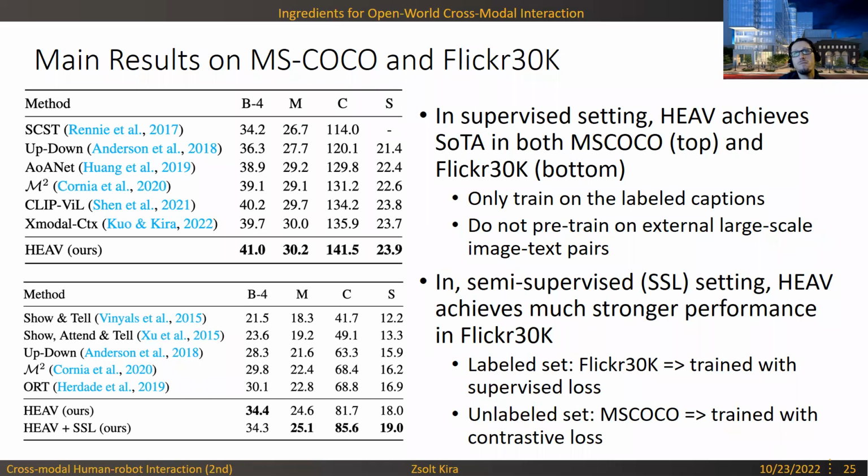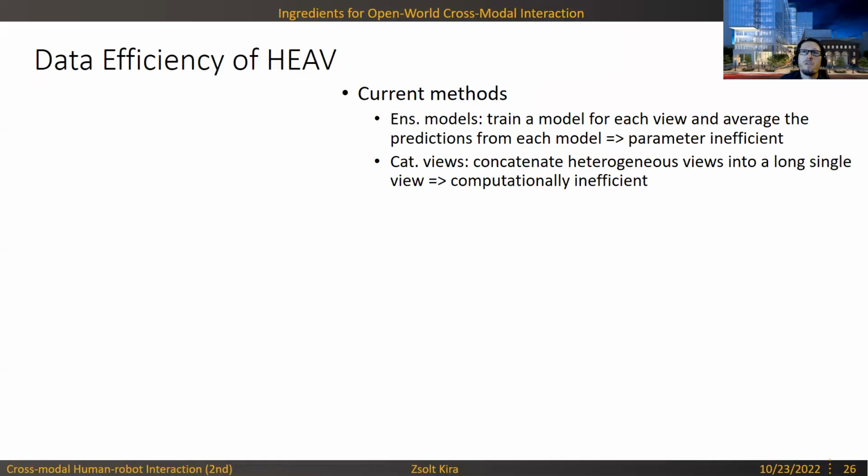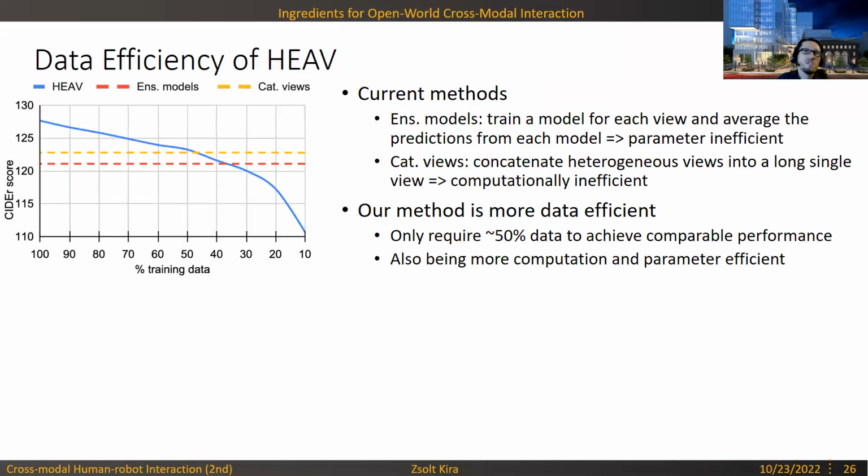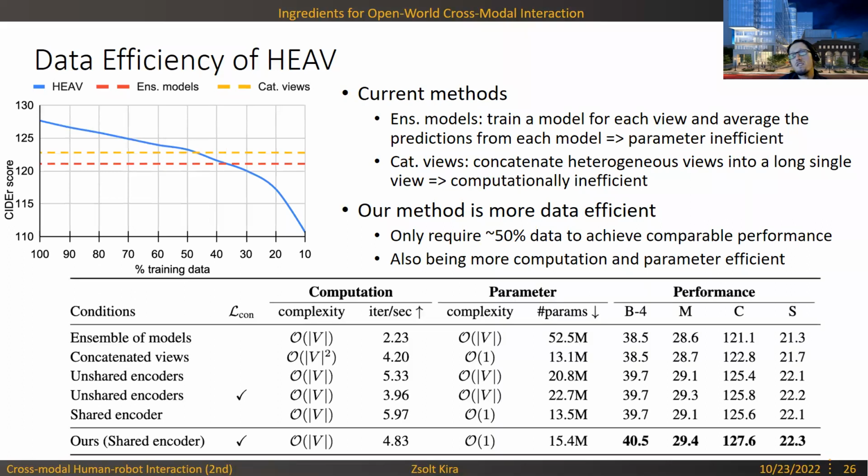We don't need labels to do contrastive learning. Okay. So again, we can show that we get significant data efficiency and much better results. And we do this at much lower complexity. That is, the number of parameters is pretty low, and our iterations per second is also pretty low.